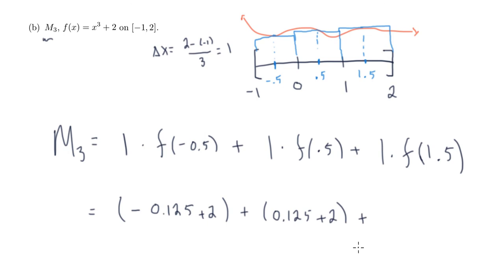And then finally, okay, 1.5 cubed. Well, this is a little bit trickier. So 1.5 squared is 2.25, and then if we multiply by 1.5, what do we get?